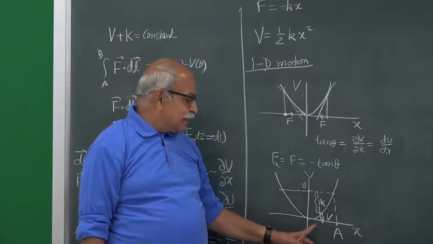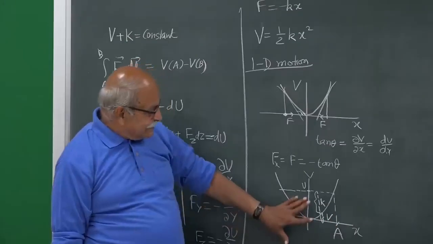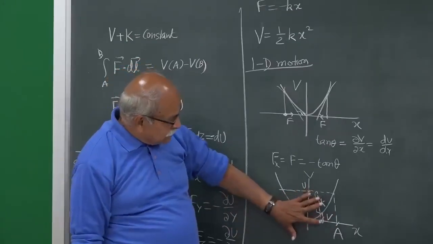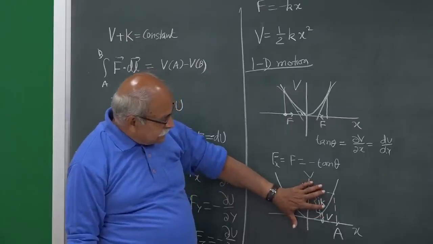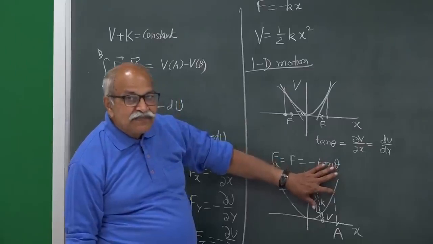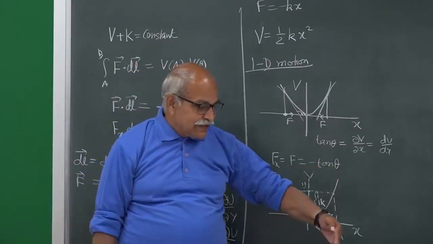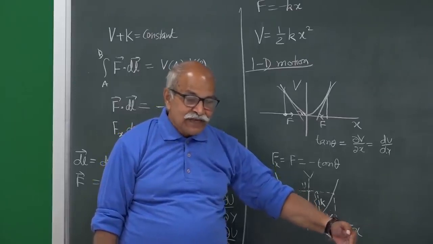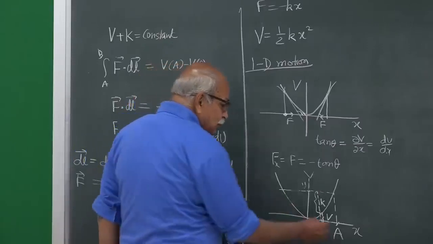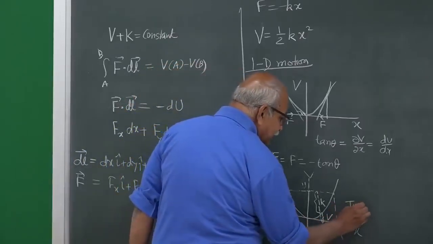So, the particle comes to rest at this position. Here this much was kinetic energy, then as it moved to the right, kinetic energy decreased, further decreased, and finally, it became 0. So, the particle is going away, slowing down, and then it comes to rest, and then it turns back because the force is there. So, this is the turning point.